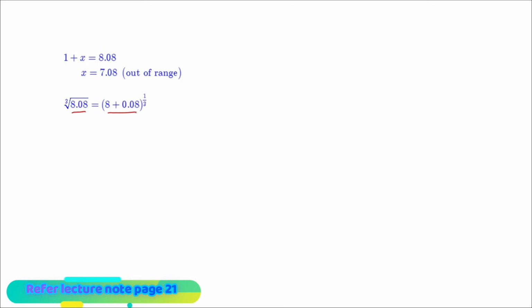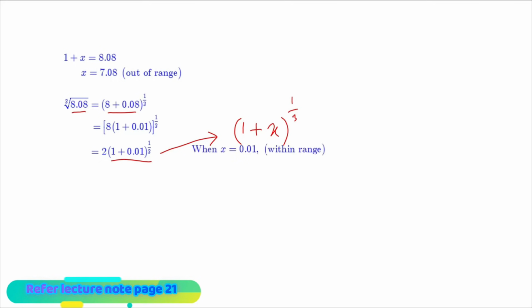So we factor 8 out to have 8 times (1 + 0.01) altogether to the power 1 over 3. Then expand each term to the power 1 over 3. We have 2 times (1 + 0.01) to the power 1 over 3. Notice that this one is similar to the one we expanded earlier. So we now have x equals 0.01, which is still within the validity range.